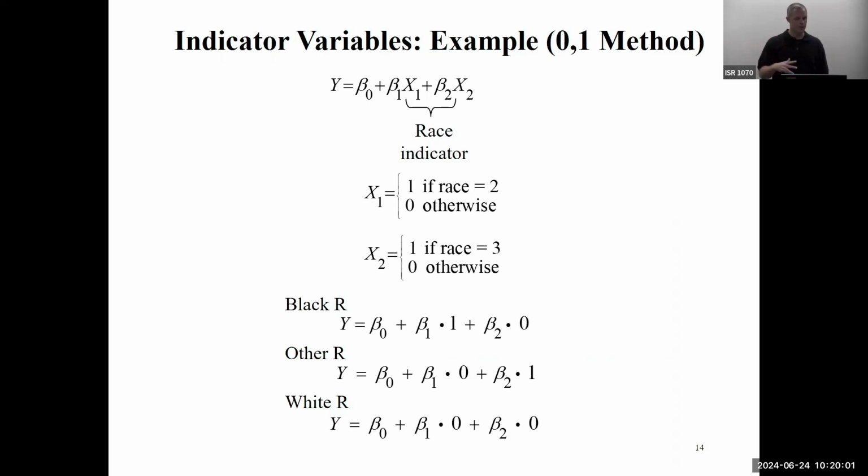We create these 2 dummy variables for the non-reference categories of race. So x1 is going to be equal to 1 if race is 2 and 0 otherwise. x2 is going to be equal to 1 if race is 3 and 0 otherwise. These are just indicator variables for those non-reference categories of race. Then we include each of those 2 dummy variables in the model as predictors.